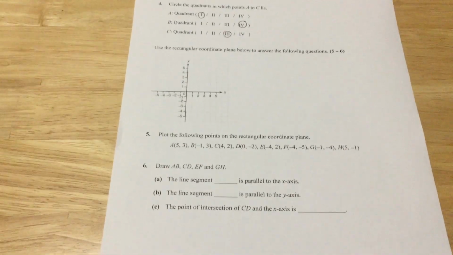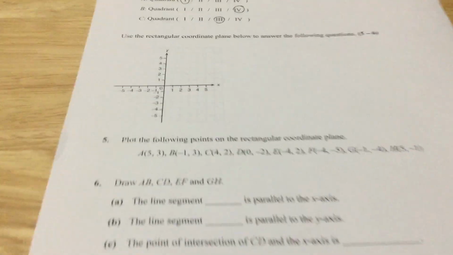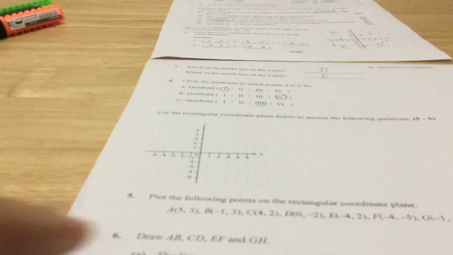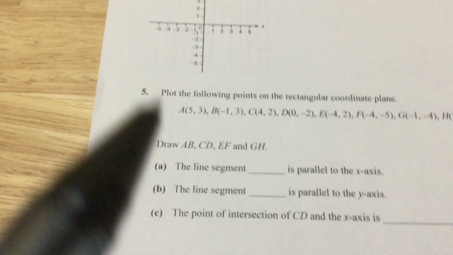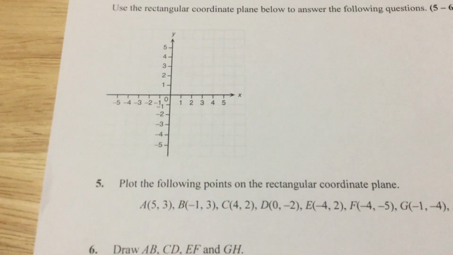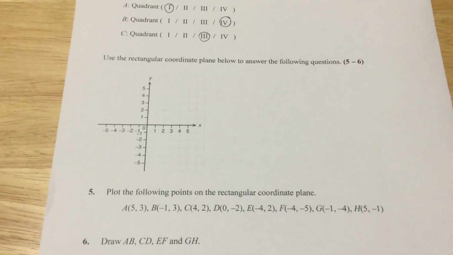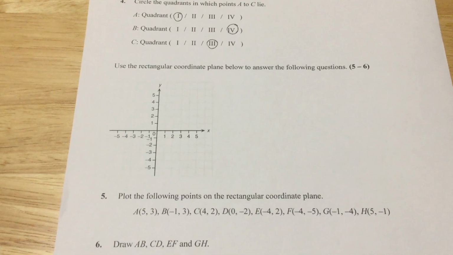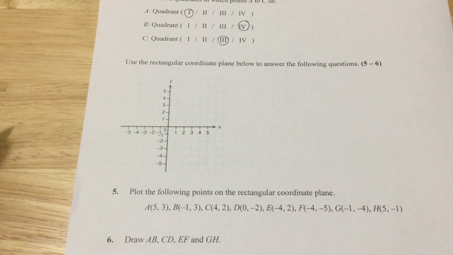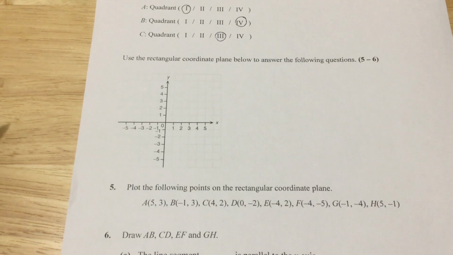So let's make it easy to draw it. First of all, I must put down the iPad first. For point A, now is 5, 3. That means we go to the left or go to the right.